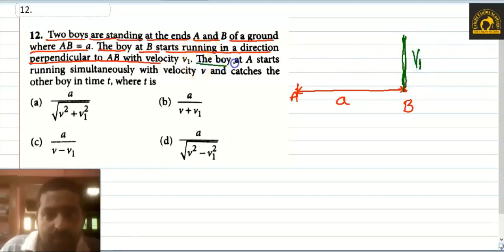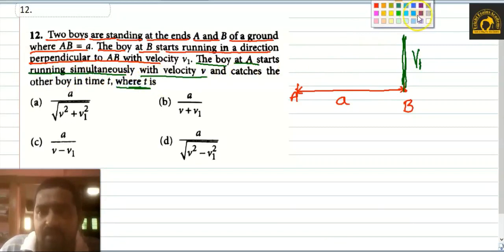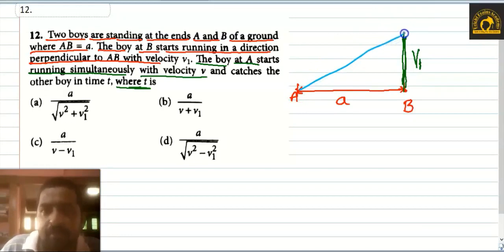The boy at A starts running simultaneously with velocity v and catches the other boy after a time t. So the boy at A runs with speed v to catch the boy at B.